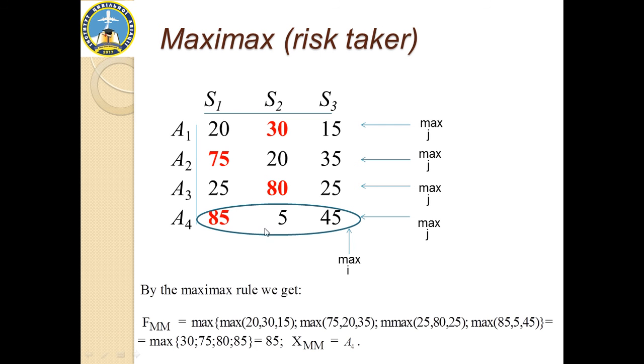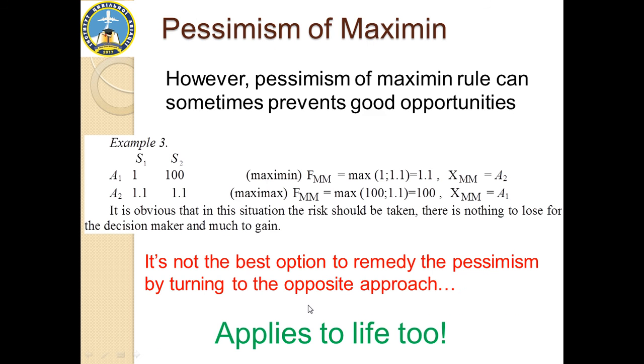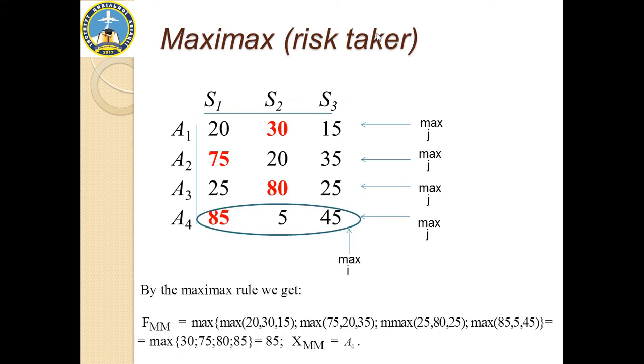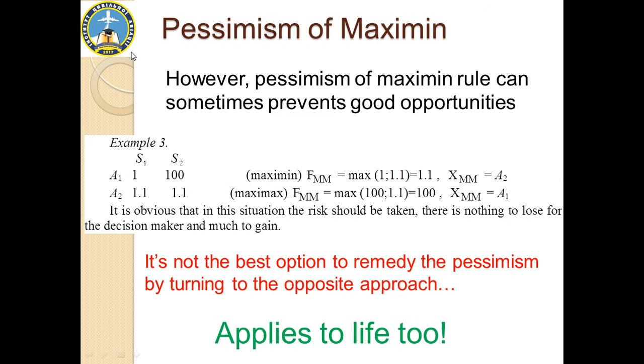Again, there are other options for how to decide upon the optimum decision. Let's consider this. Our risk aversion approach is very pessimistic. The pessimism of the maximin rule can sometimes prevent good opportunities.